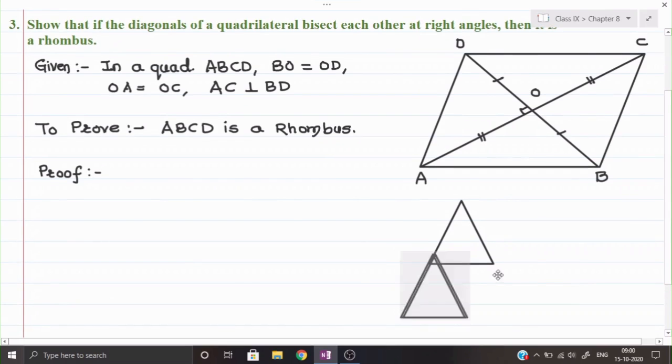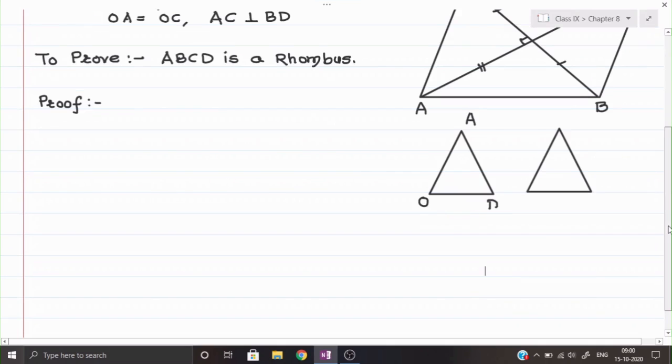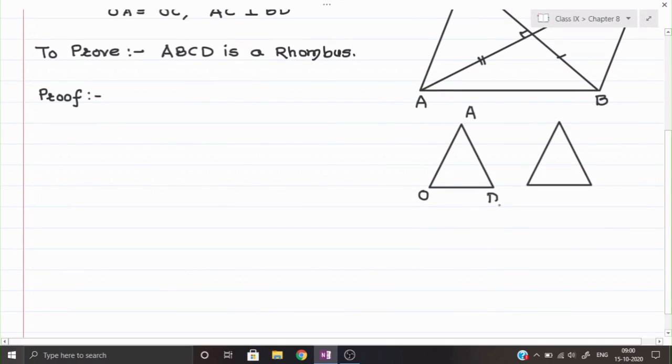These are my two triangles over here. The first one is triangle AOD, and the second triangle I am taking as AOB.